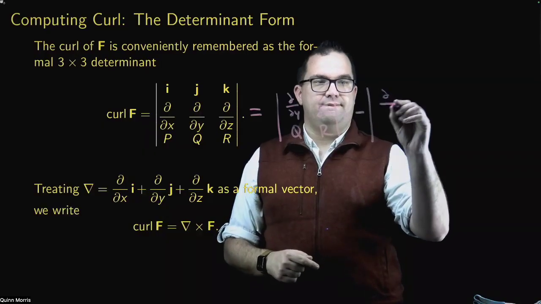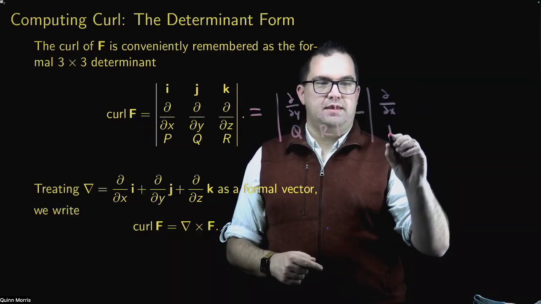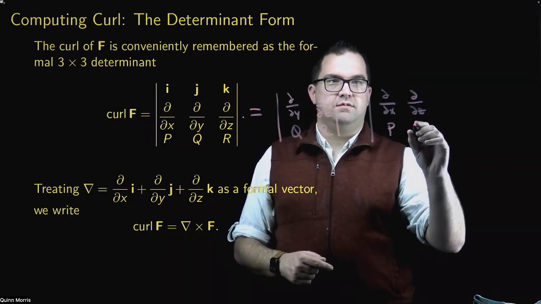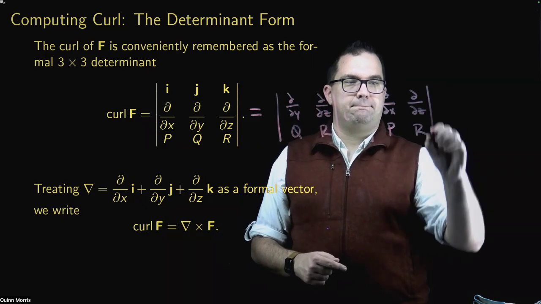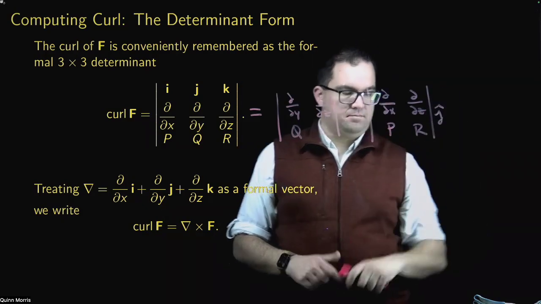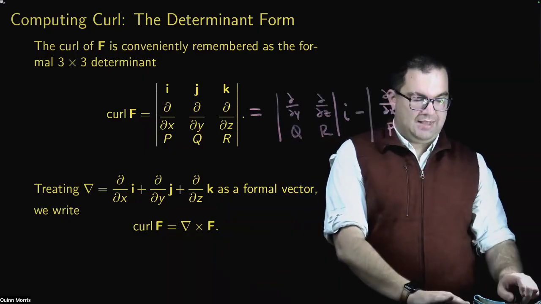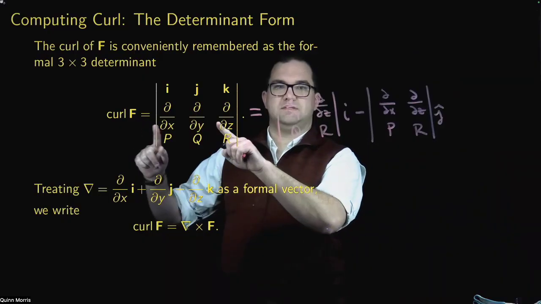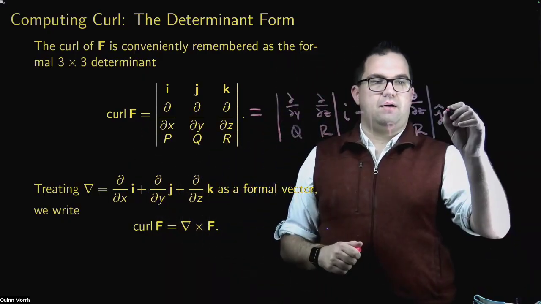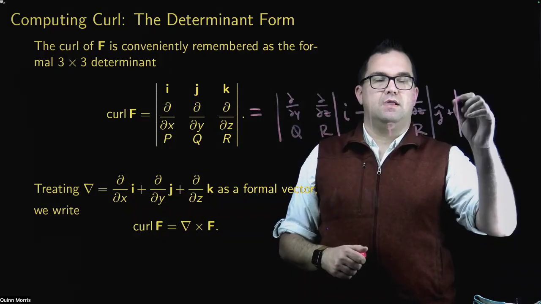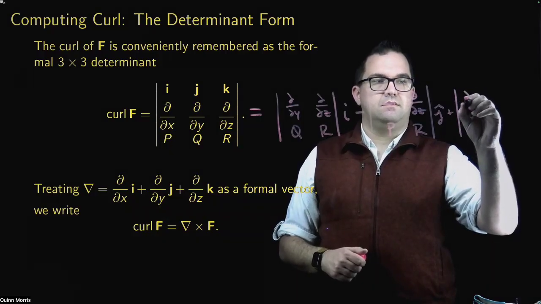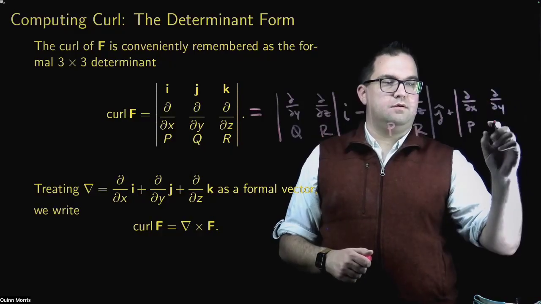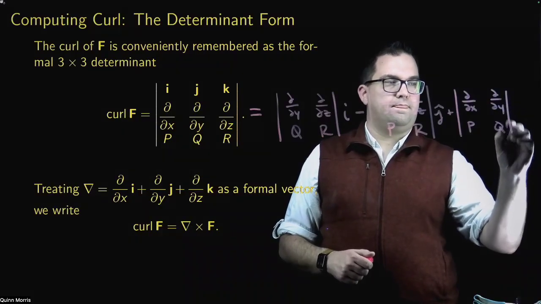And the last component will be a plus, k, with the remaining submatrix: d/dx of P and d/dy of Q times k.